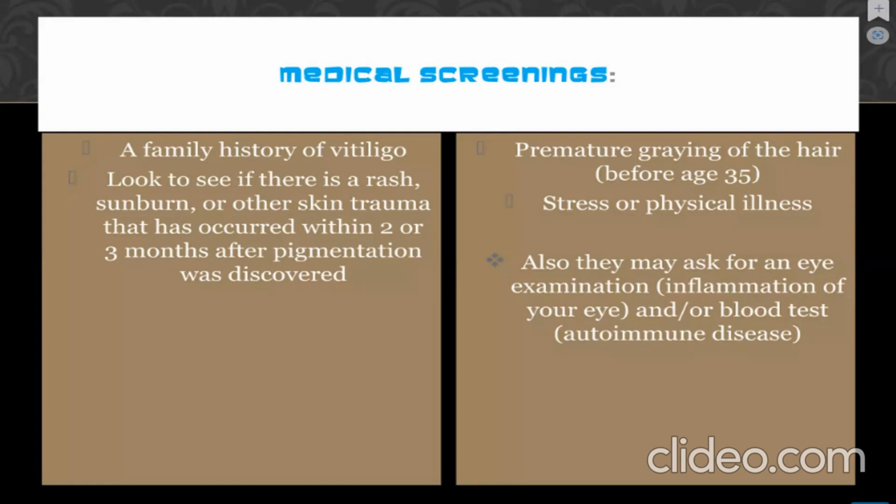Also, you have to see premature graying of hair before age 35, or whether there is any stress or physical illness. Also see for eye examination, that is inflammation of the eye, or blood tests for autoimmune diseases like HLA antibodies.